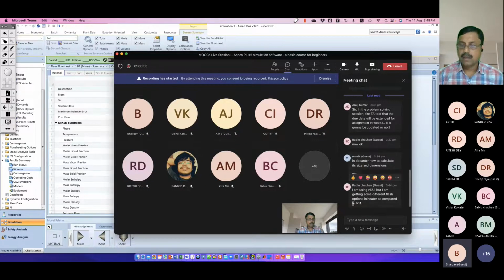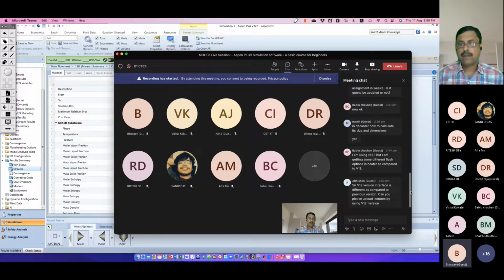Bablu Chauhan is again asking, I am using V12 plus 12.1, but I am getting some different flash options in heater as compared to V11. Yeah, it's possible, but the data will not be absolutely different.